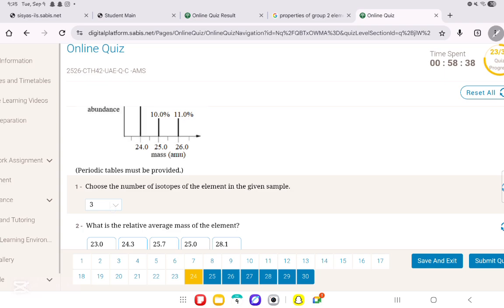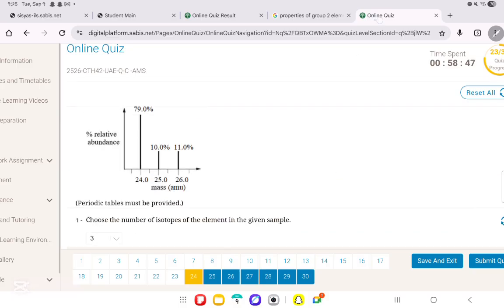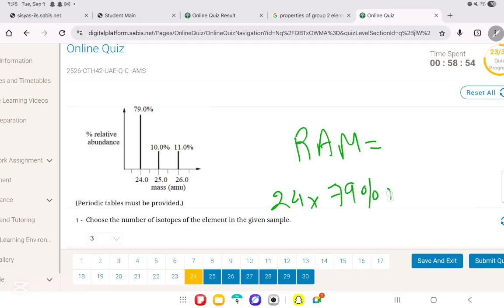Now, what is the relative average mass? How do you find it? My bad. The relative average mass, very simply, is the mass multiplied by its percentage. 24 times 79%, plus 25 times 10%, plus 26 times 11%.